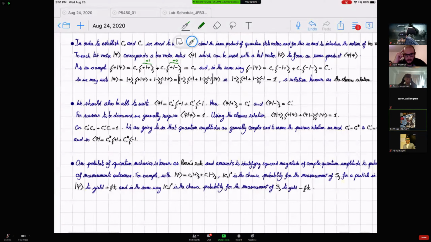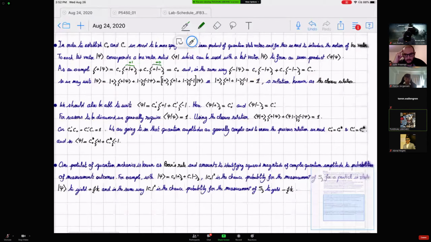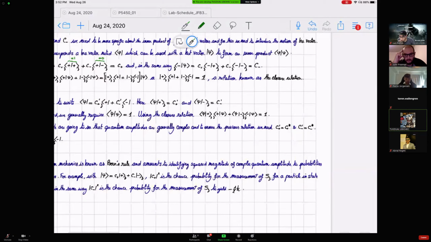And so I already told you that these numbers, C plus prime, C minus prime, C plus, C minus, are complex numbers. And I also mentioned the fact that we want to have bra psi ket psi equals 1, which is a real number. And the way to satisfy this is simply to choose that C plus prime is equal to the complex conjugate of C plus, and the same thing for C minus.